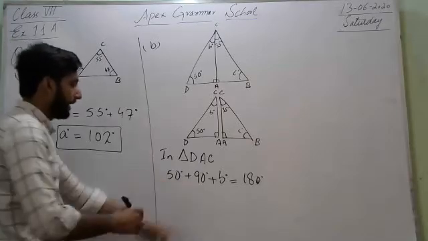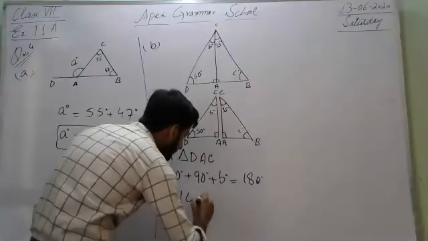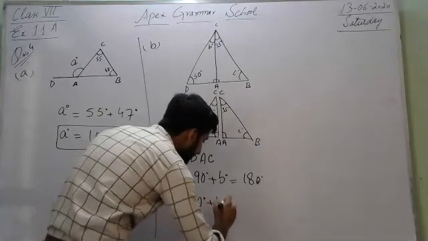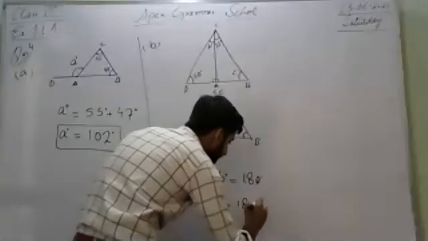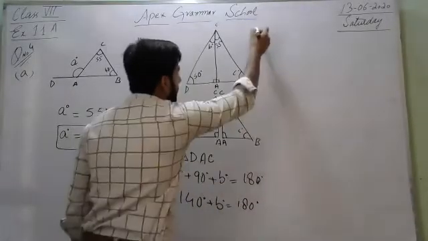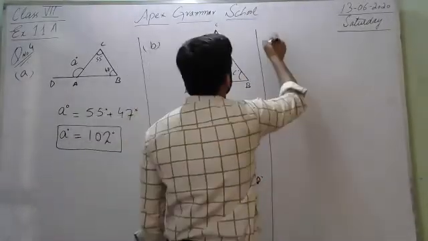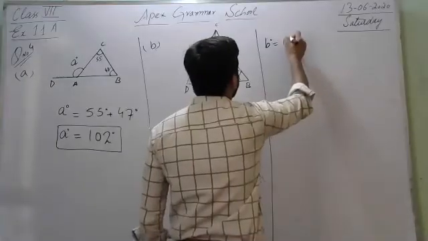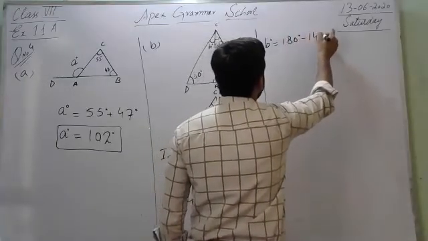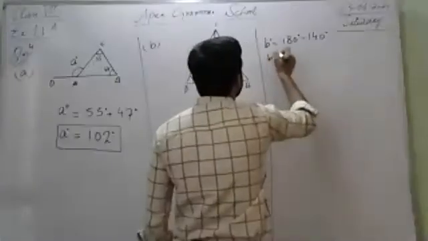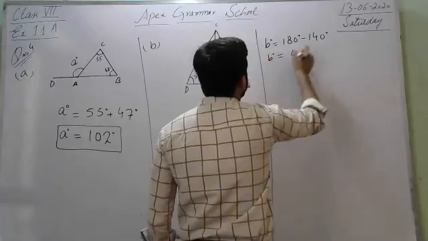Now adding 50 and 90, it's 140 degree plus B degree equals 180. B degree equals 180 degree minus 140 degree. B answer is 40 degree.